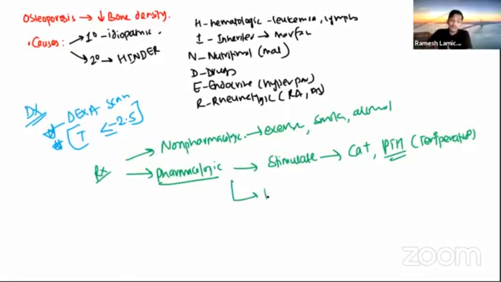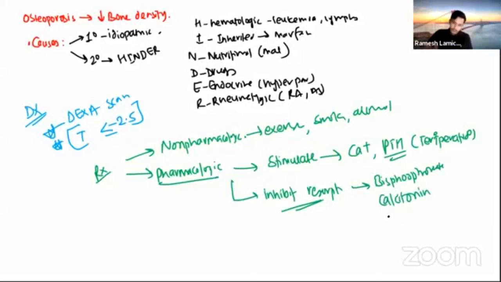Another one is inhibiting resorption. To inhibit resorption we commonly use the bisphosphonate drugs, bisphosphonate, and another one is calcitonin, the hormone released from the parathyroid, an endocrine hormone.